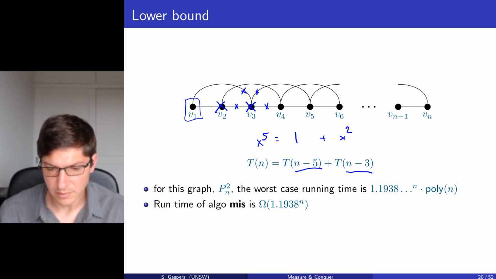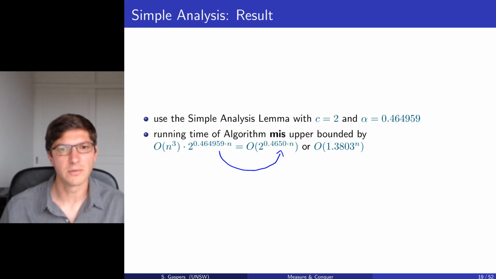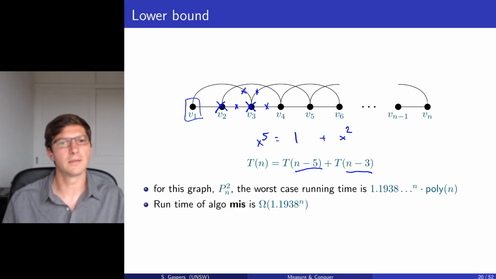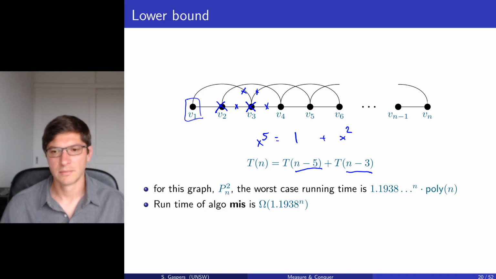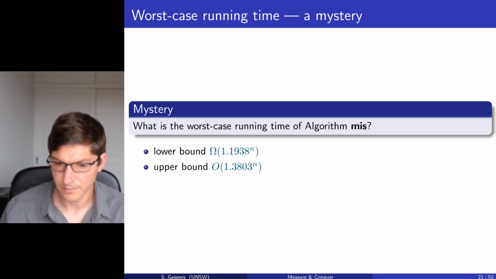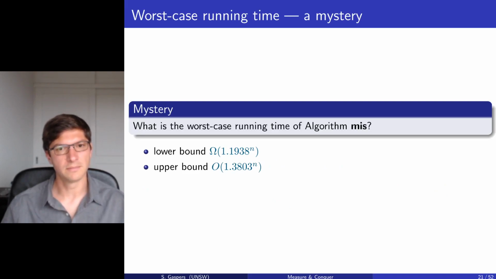Okay, but now there's a big discrepancy here. We have an upper bound on the running time of 1.3803 and a lower bound of 1.1938 to the power n. So what is the real running time of the algorithm? It's actually a mystery.